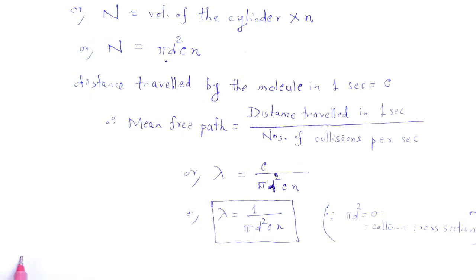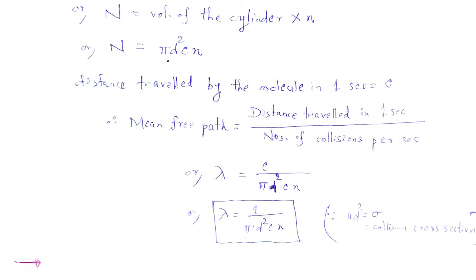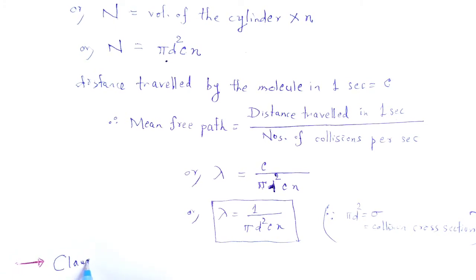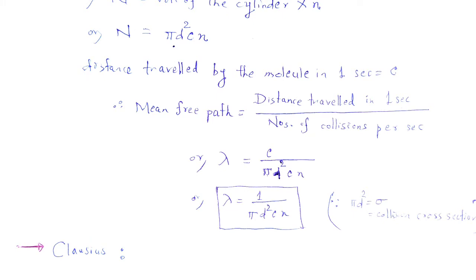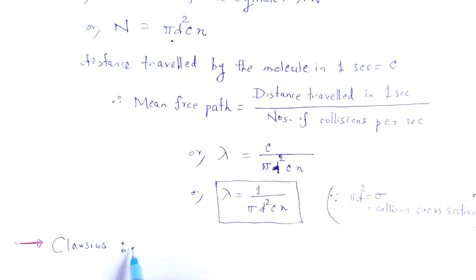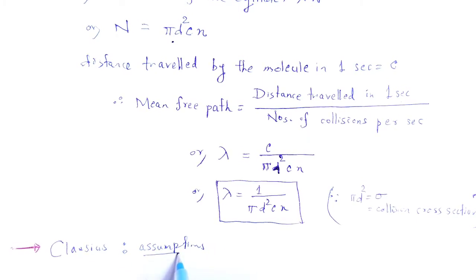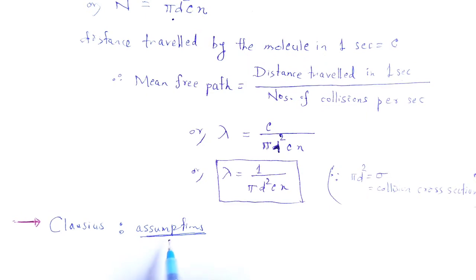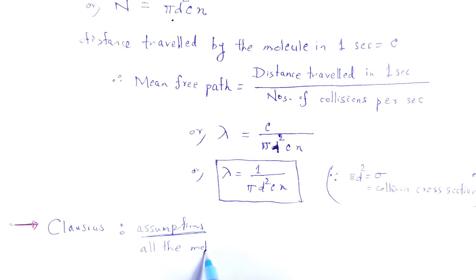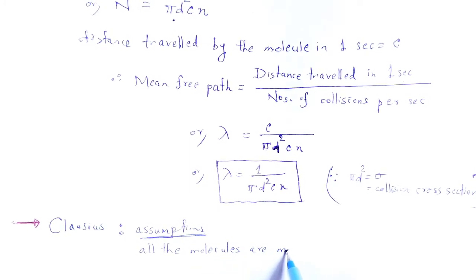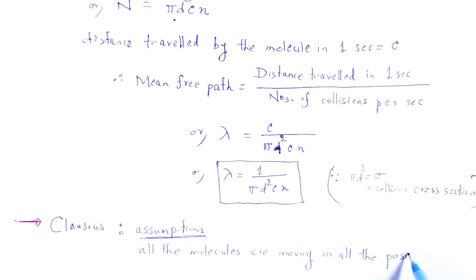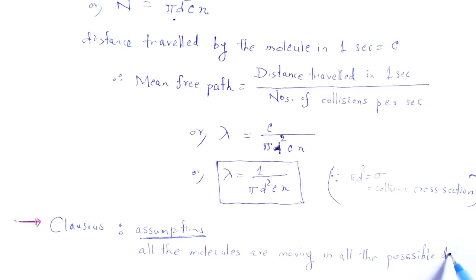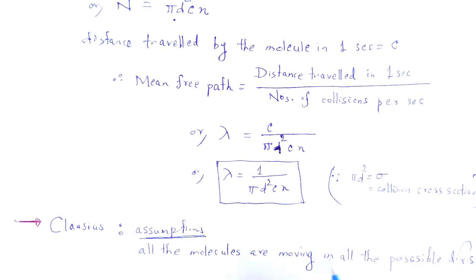The first scientist, Clausius, made the assumption that all the molecules are moving in all possible directions with a constant speed.